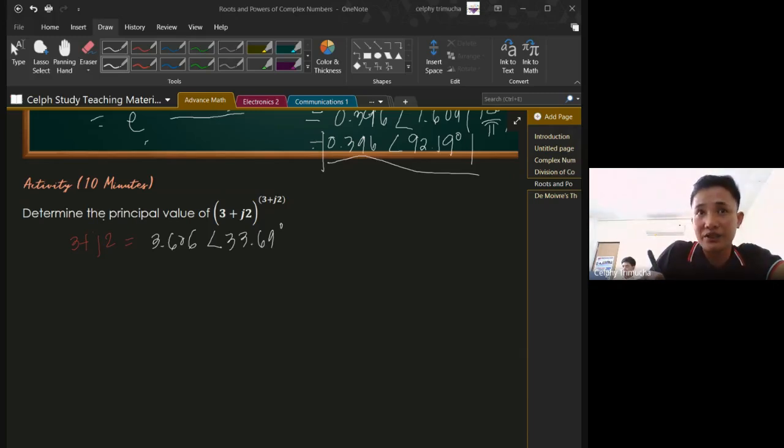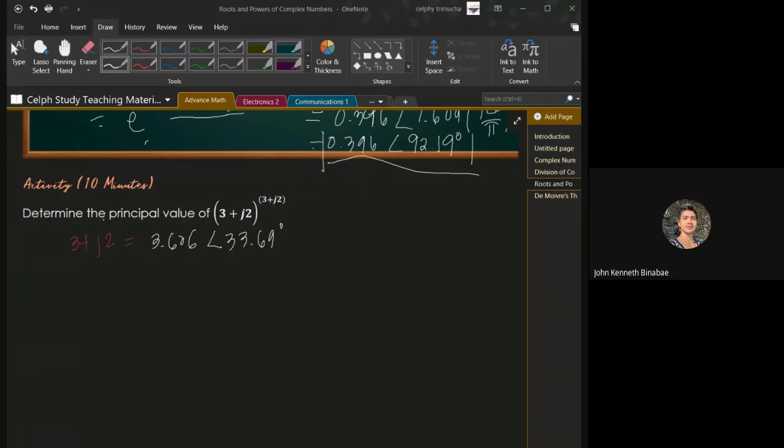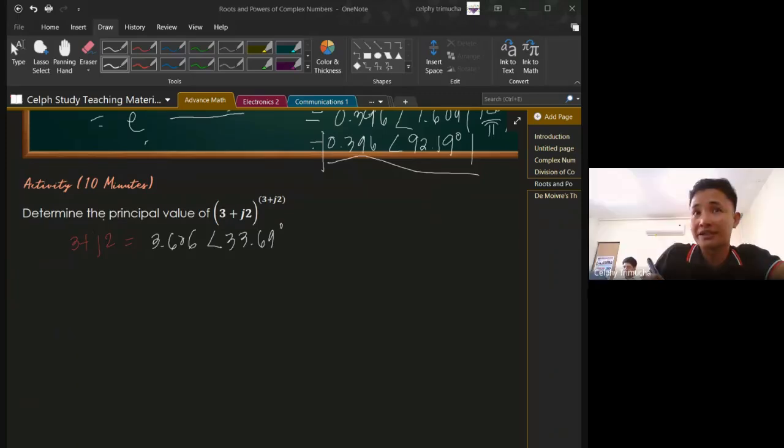Ang i mo nga gamiton, ara sa ENG, shift mo lang, plus i, 3 plus 2i, then shift 2, complex, conversion, convert into polar form. So we have 3.606 angle 33.69.